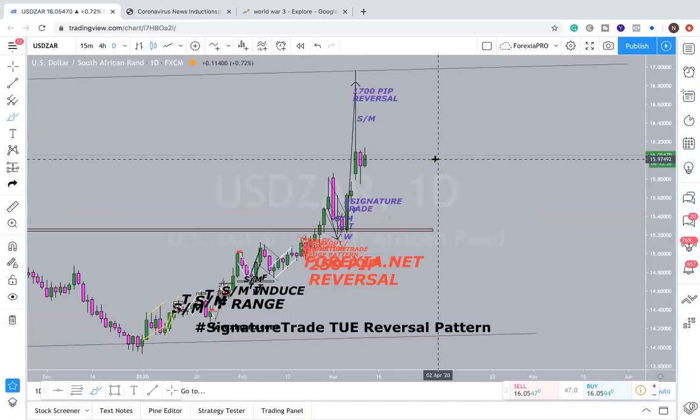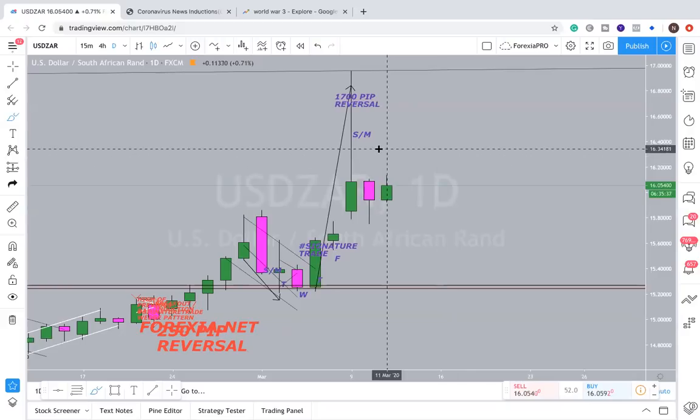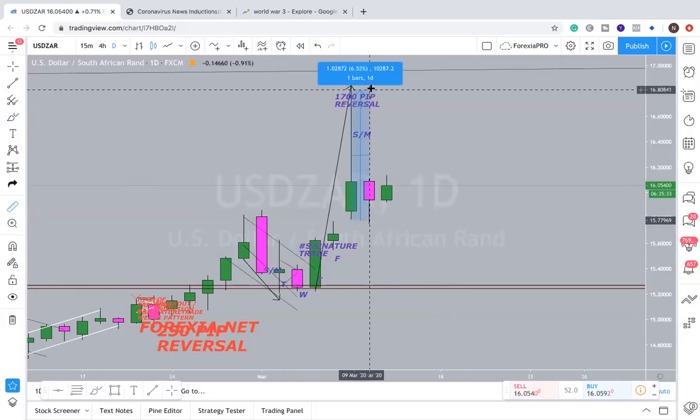Yeah, incredible. And you could have seen the setup happening and looked at the news and said, all right, this is probably going to affect the market in my favor because of all the perfect setups that were happening. Right here, this move, 1,000 plus pips.